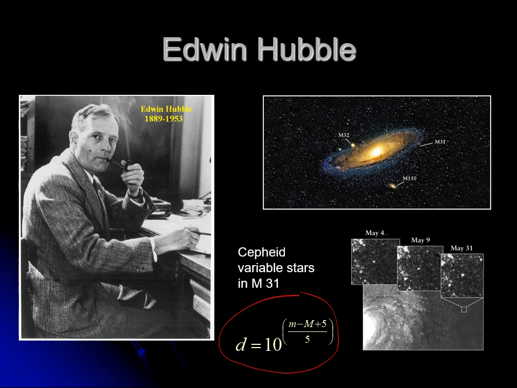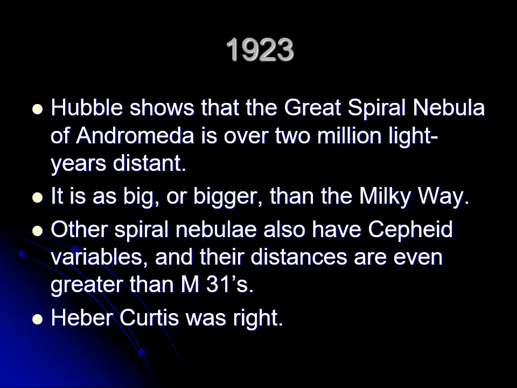At this point, the term galaxy came to define something separate from universe. At one point, the galaxy was considered to be the entire universe. So Edwin Hubble shows that Curtis was right, and we finally had proof that the Milky Way is not the only structure of its sort in the universe.